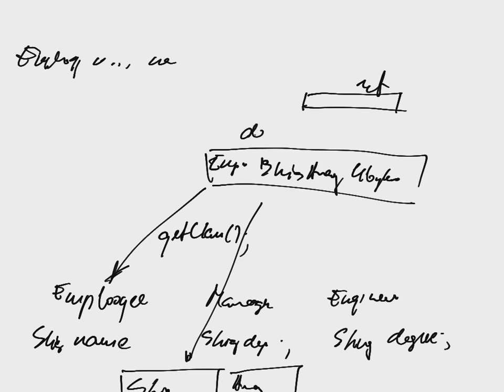And this is your actual data. And then this reference refers to the beginning of all these data structures. If this address is 123, then this reference will be 123.